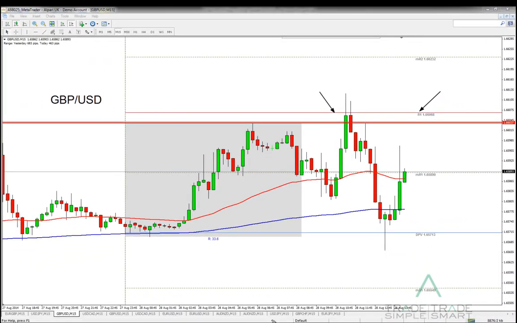Okay, so we have a confluence of two technical indicators coming together within a relatively narrow price range. We have the high of the Japanese range at 166.03, and we have the R1 of our pivot points at 166.06. So the same process will be taking place.